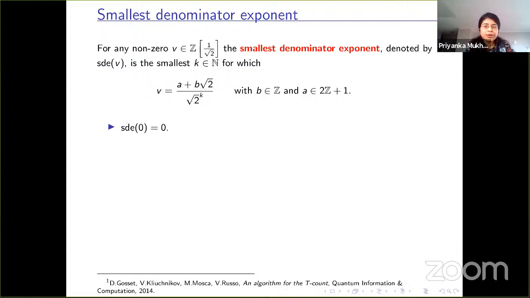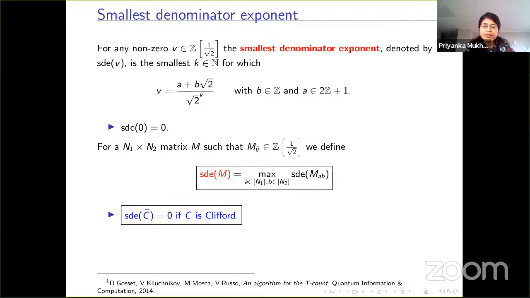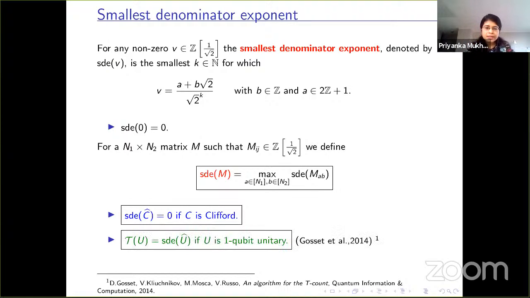So the SDE of 0 is 0, and for any matrix, the SDE of the matrix is the maximum of the SDE of any of its entries. For a Clifford operator, its smallest denominator exponent is 0. And it has been proved by Gosset, Kliuchnikov, Mosca, and Russo that for a single qubit unitary, the T count of the unitary is equal to the smallest denominator exponent of its channel representation.